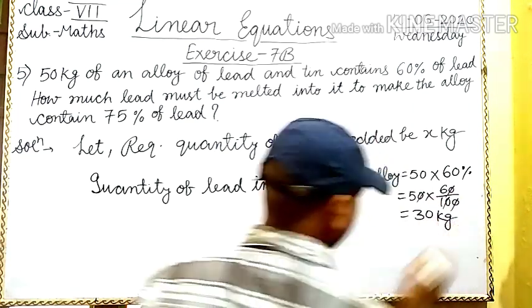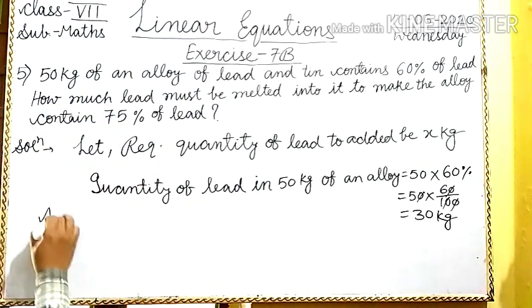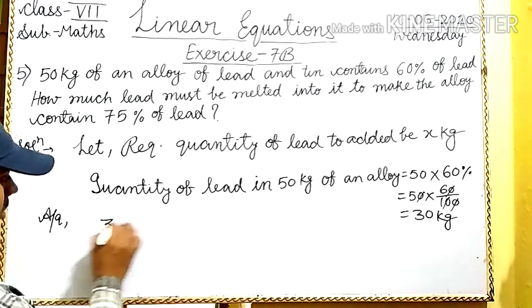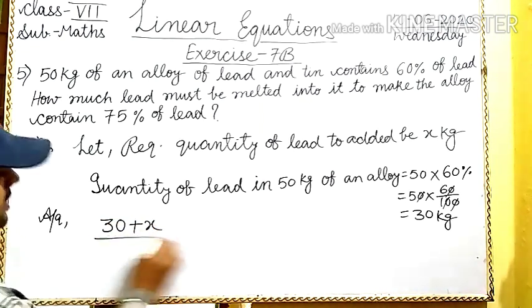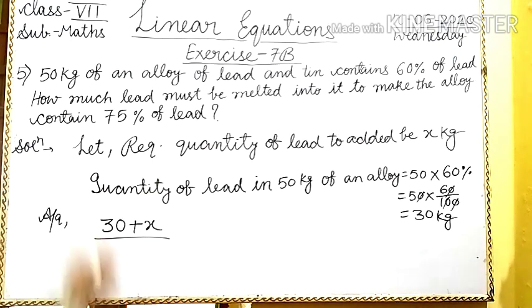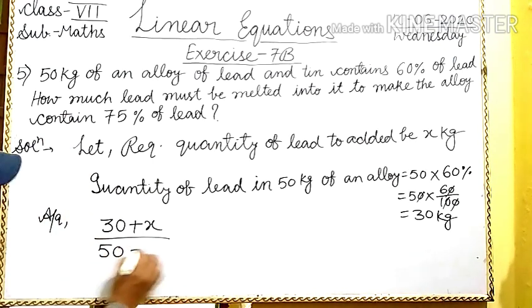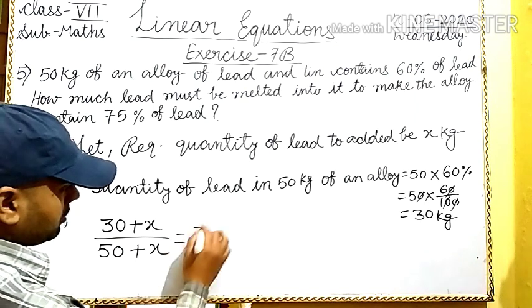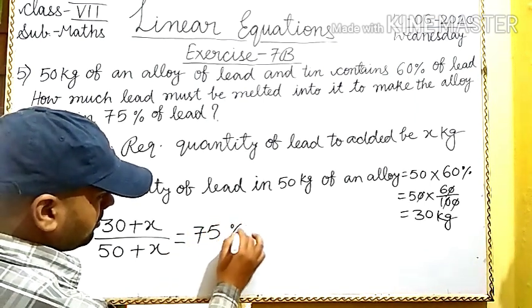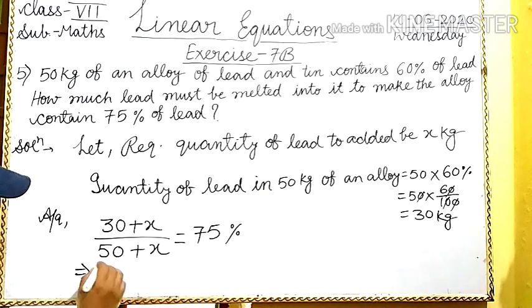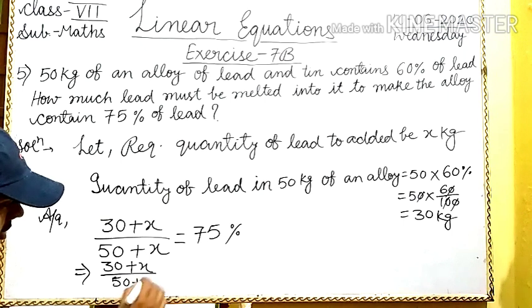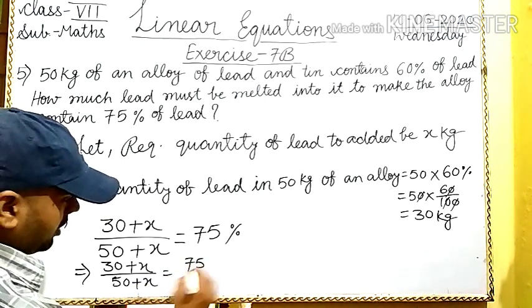Is it clear? Now according to the question, the quantity of lead in 50 kg of alloy is 30, we added x. The complete alloy is 50 kg plus x, and we get the alloy containing 75% of lead. So (30 plus x) upon (50 plus x) is equal to 75 upon 100.